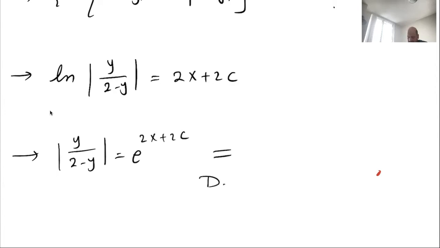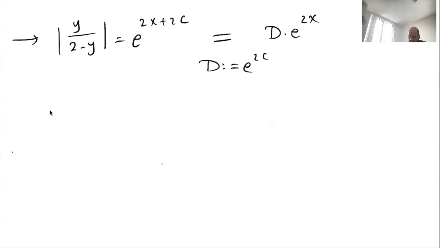And if I call this e to power 2c as d, then I'll have d times e to power 2x. And then I can say that y over 2 minus y will be plus minus d times e to power 2x.